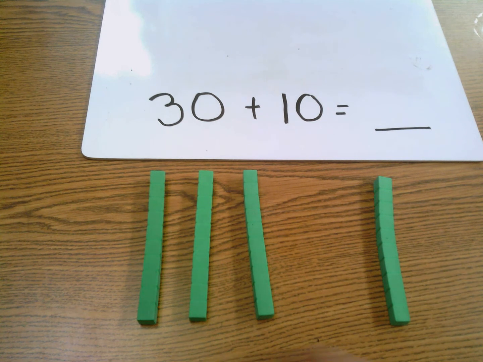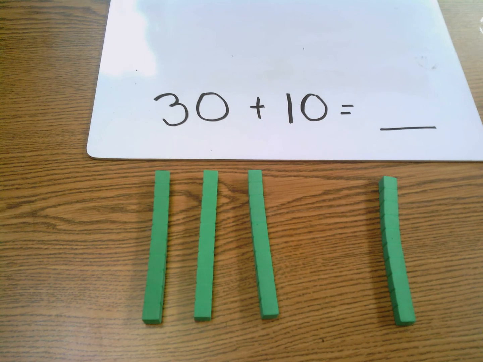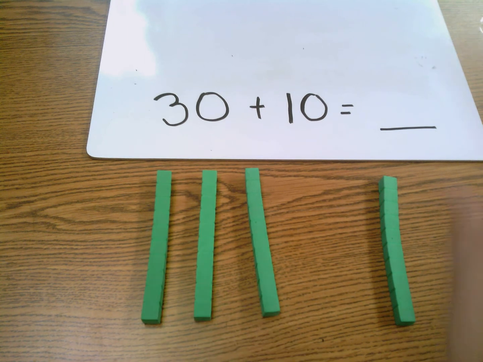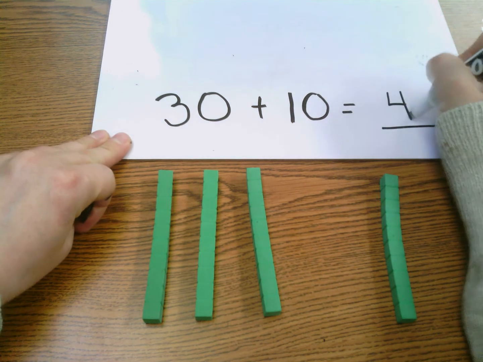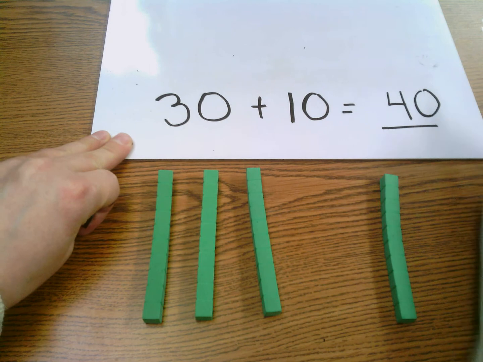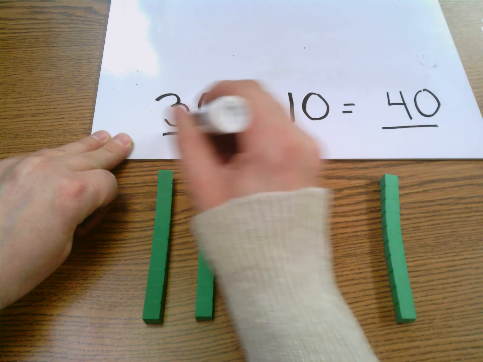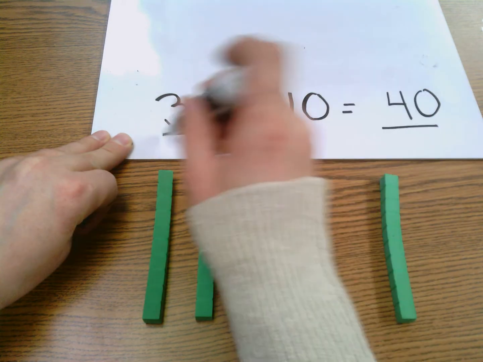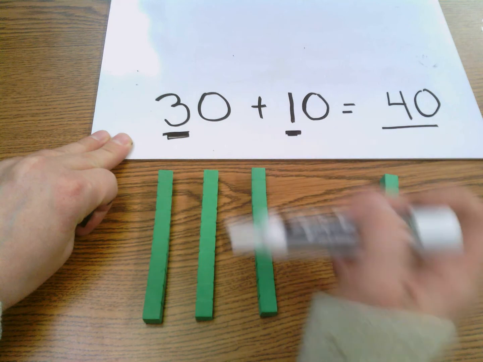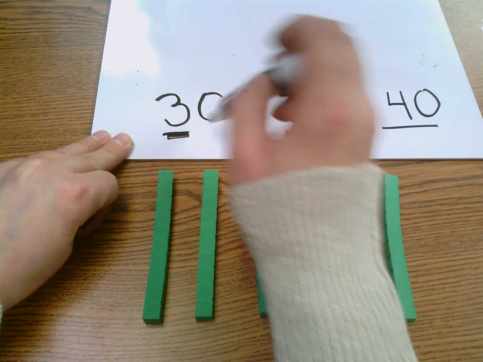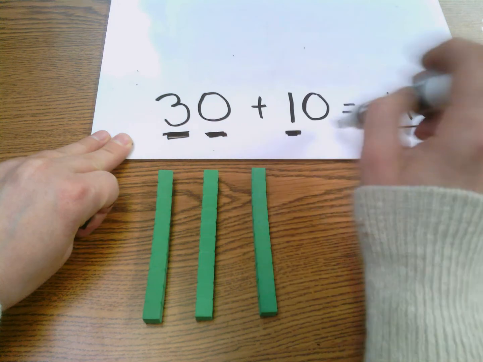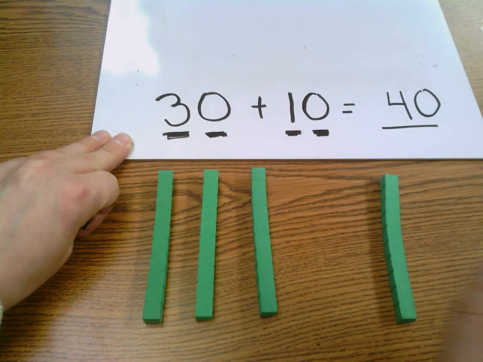The way we're going to solve this is we're going to go back and count all of our tens, and then I'll show you a trick. 10, 20, 30, 40. The total is 40. If you look at the digit in the tens place, we have a 3 and a 1. The digits in the ones place are both zeros. These are called decade numbers.